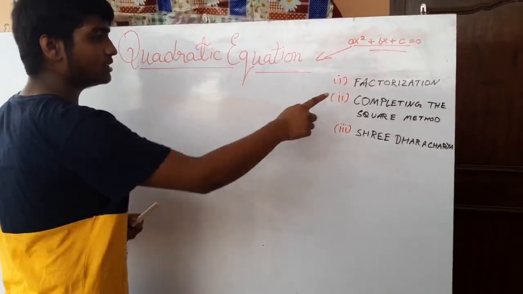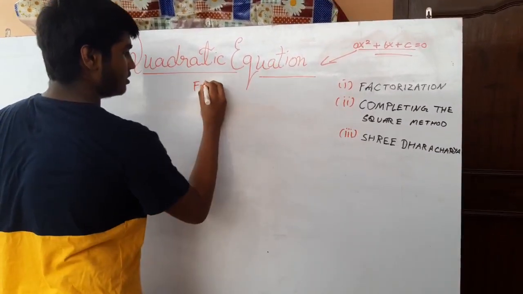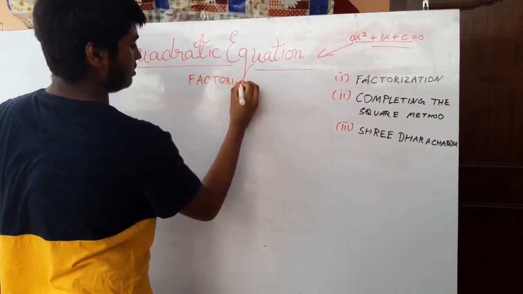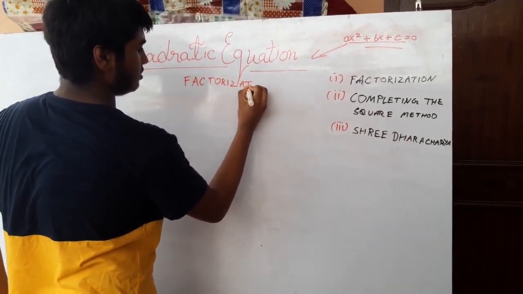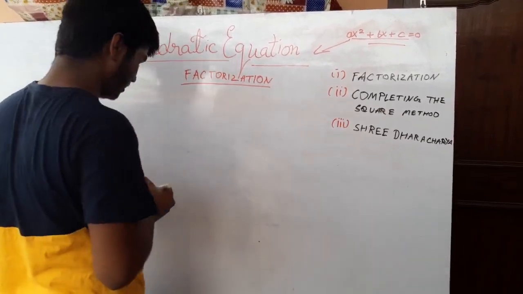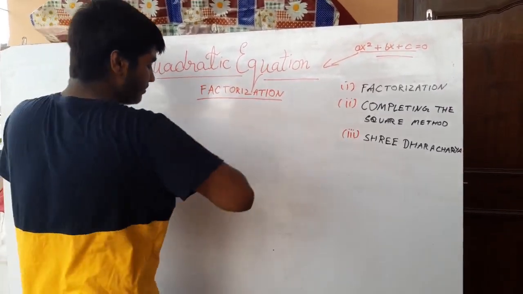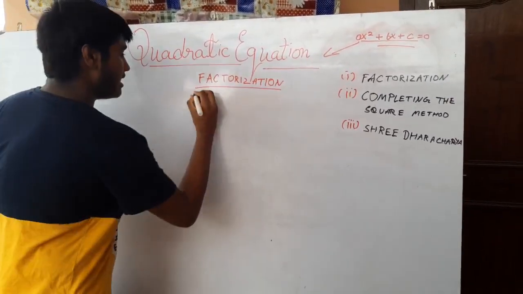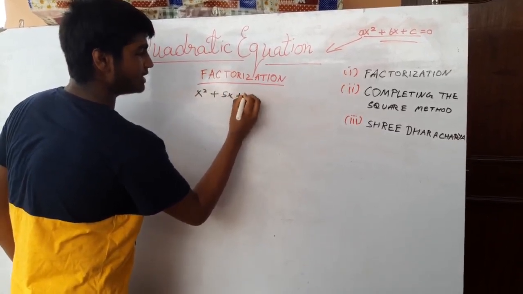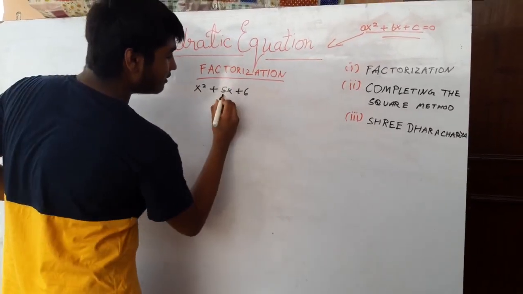Now let's discuss the first method, that is factorization. Let me take an example and show it to you: x² + 5x + 6.